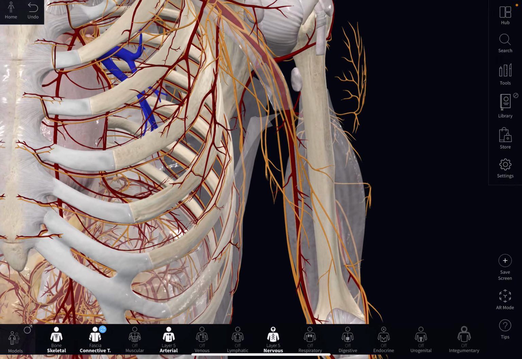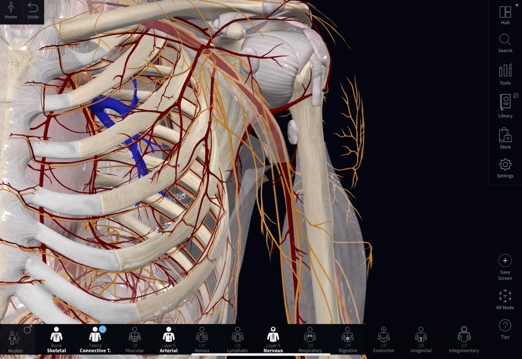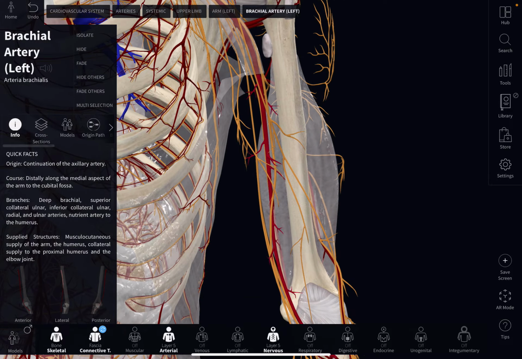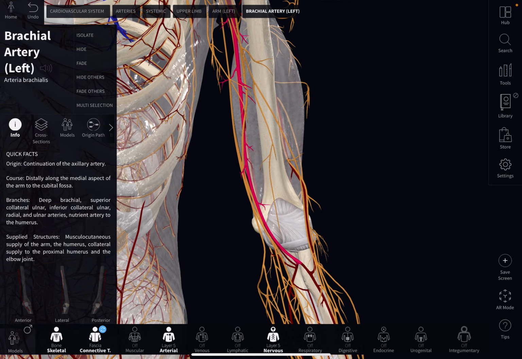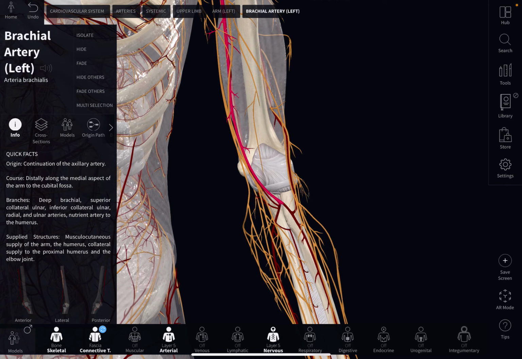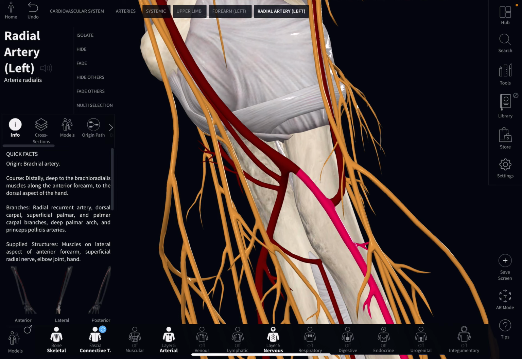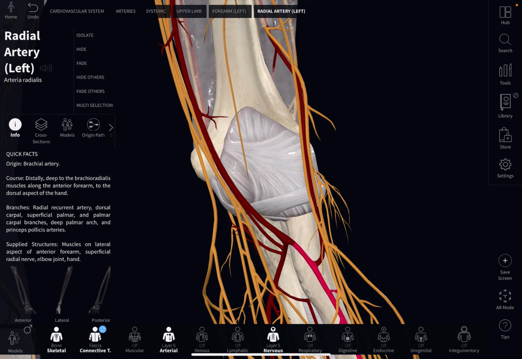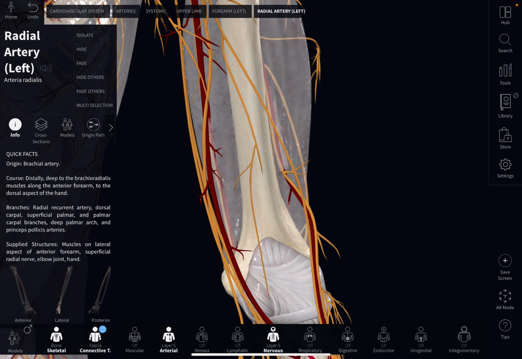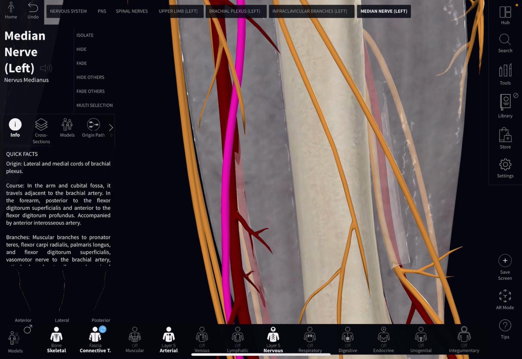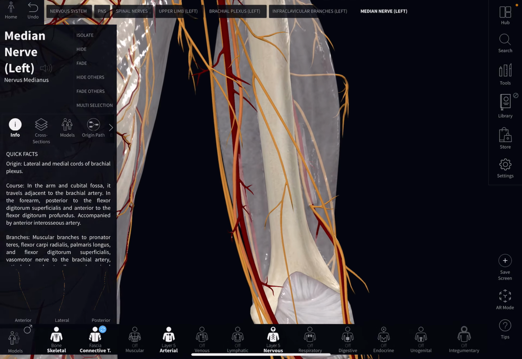You can see it is passing along the medial aspect of the humerus, and it comes to lie in front in the cubital fossa, where you can see that it's dividing into the ulnar artery and the radial artery. All right, so the artery is crossed by the median nerve in the middle of the arm. As you can see, this is the median nerve crossing the brachial artery from lateral to medial side. Take a look.